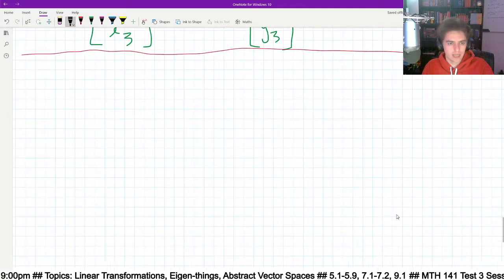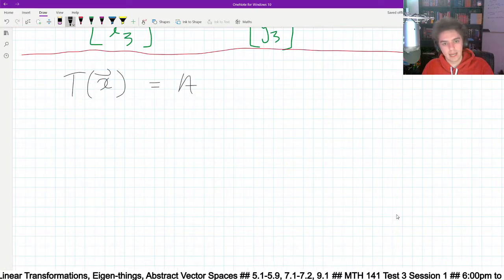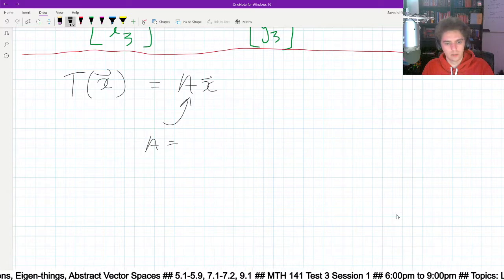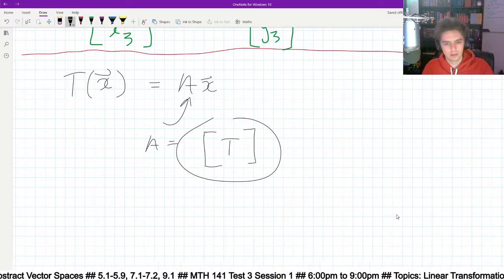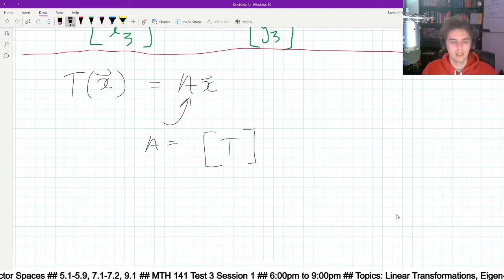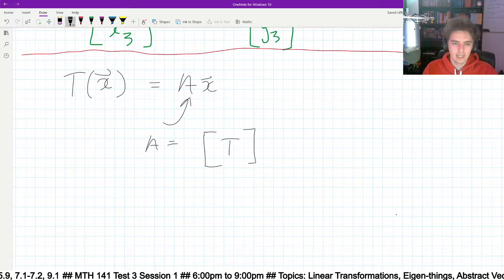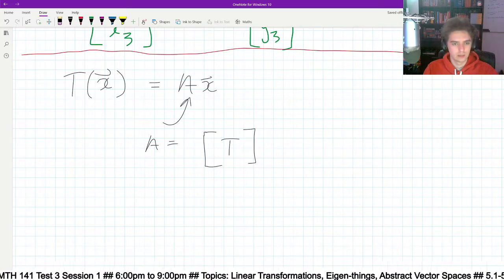So what that means is that any linear transformation T of x can be written as A times x, where A is the matrix representation of T. In other words, it's the matrix that when you multiply a vector by that matrix, it does the transformation.